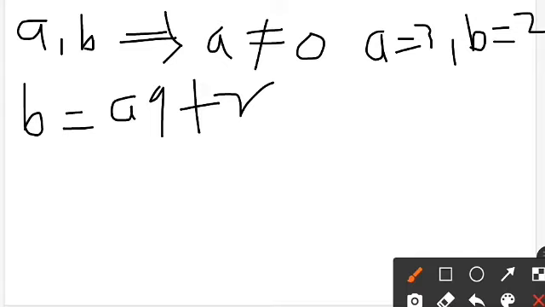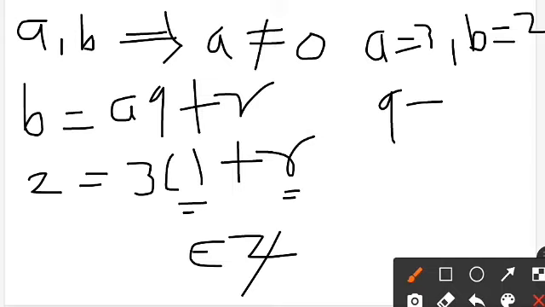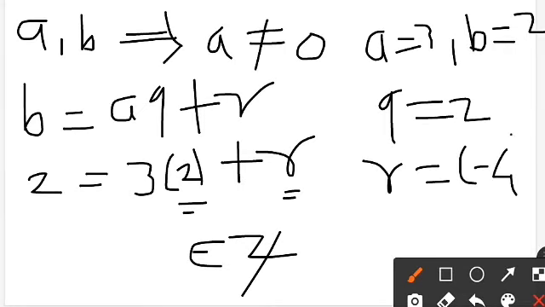According to this definition, we can write 2 is equal to 3 into some number plus some number, and these are integers belonging to Z. So if we take Q as 2, what will it give us? It will become 6. And we can take R as minus 4, right?